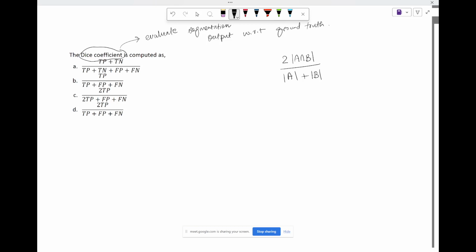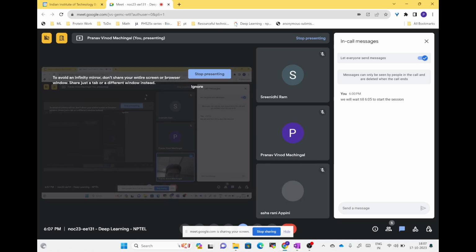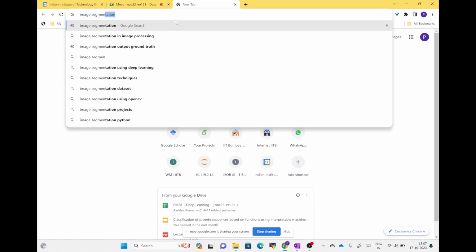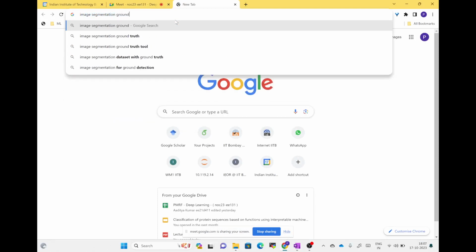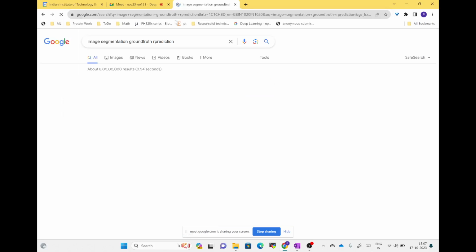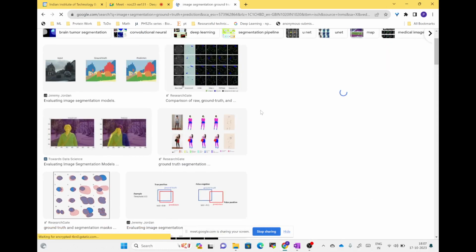So if you have two images, maybe I'll just take some image, image segmentation. Okay, so this is some image.